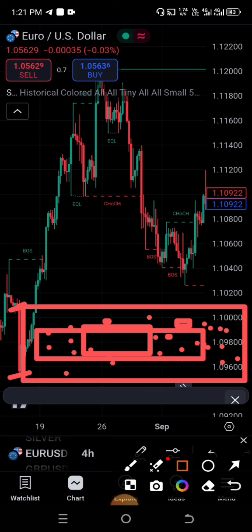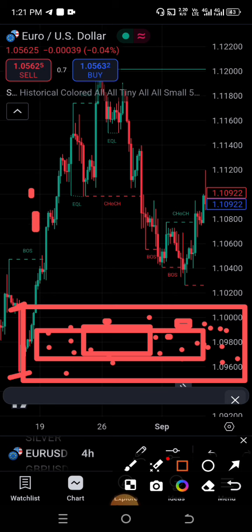When you project your order block to the future, you will produce what we call point of interest or area of interest. What this is telling us is that anytime the price comes to this zone, something must happen. You are either buying from that area, or if it is a supply zone, you are selling from that area or from that zone. I don't know if you understand what I just said.